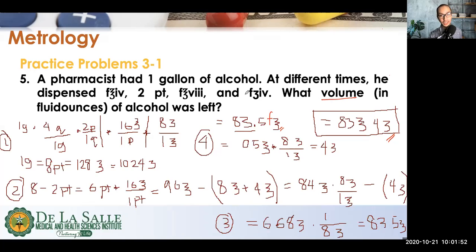Yun nga rin, do not write continuous equalities when they are not really equal. Okay? Ayan, so yung mga gano'n, no? Ayan. And kasi nga, you could have different ways of solving a problem, no? But you will still arrive at the same answer.